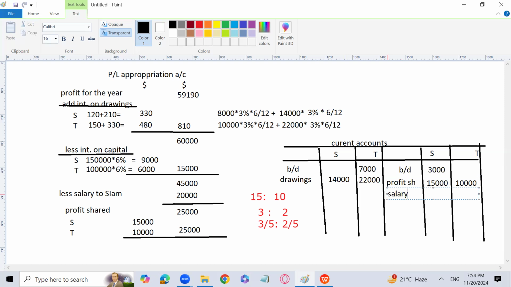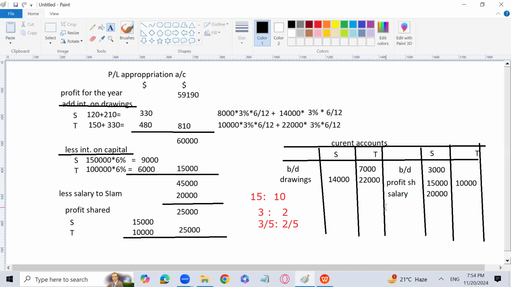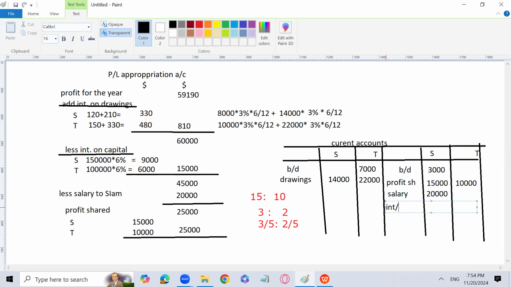Same is the case with salary we are giving to S. So it needs to be credited. That is going to be in his current account, 20,000. Then interest on capital will also be given to the partners. It will come on the credit side, that is 9,000 for S and 6,000 for T. Then comes the interest on drawings.